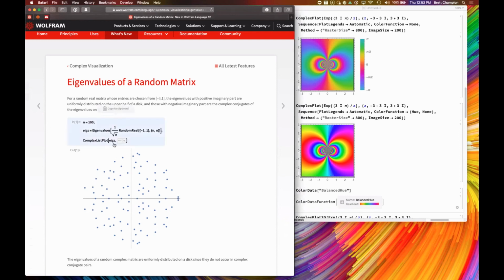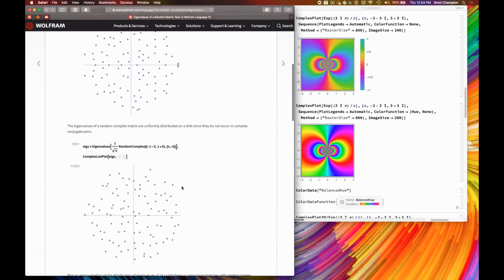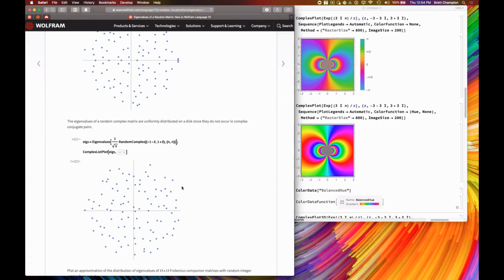Well, for reals, it's uniformly distributed inside of half of a disk, because as I was saying, eigenvalues are really zeros, and random real entries lead to real valued coefficients, and so everything comes in complex conjugates, and whatever's in the top half is in the bottom half as well. If you switch to complex numbers, then all the eigenvalues, in this case, end up being uniformly randomly distributed inside the disk, and you don't have the complex conjugates in this case.